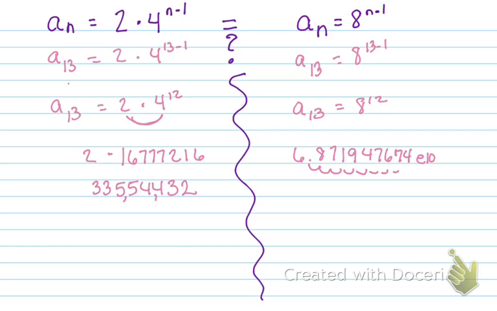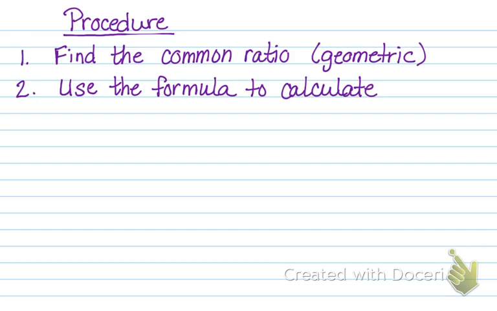So we're going to look at another way where we can see, can we determine what a value would be. So our procedure, we have to make sure we find the common ratio first. That tells us if it's geometric. Then we use the formula to calculate.